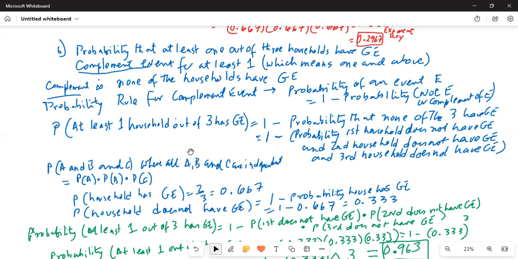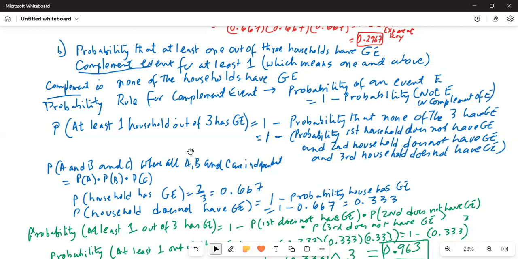So we apply the joint probability rule for independent events A and B and C. When A, B, and C are independent, it is equal to probability of A times probability of B times probability of C. So probability house has GE is 2/3, which is 0.667.